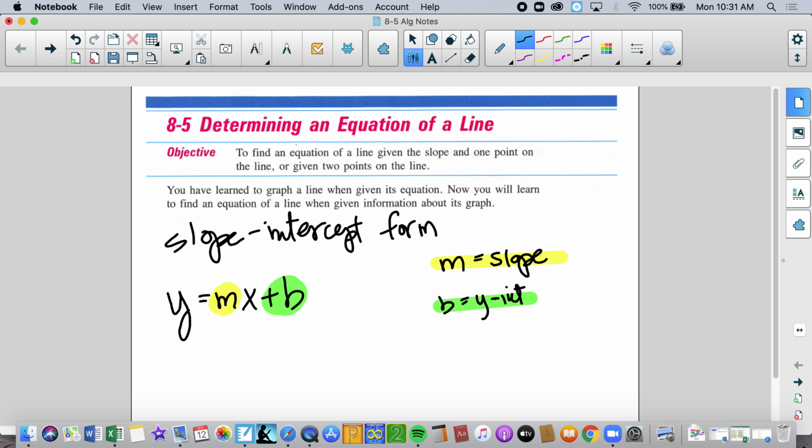So it'll be y equals a slope value times x plus or minus a y-intercept. We're always going to fill in for the slope and the y-intercept. Our final equation will always have y equals some form of x plus or minus some value.